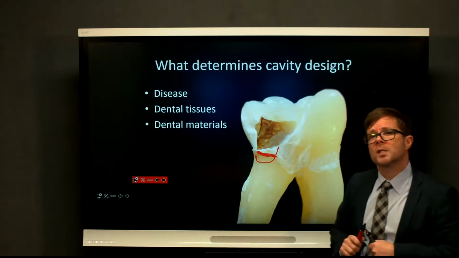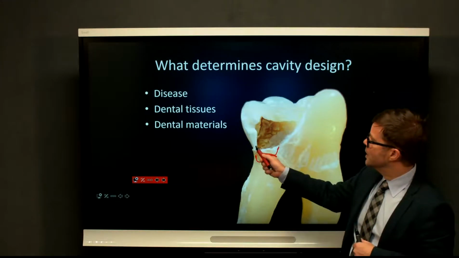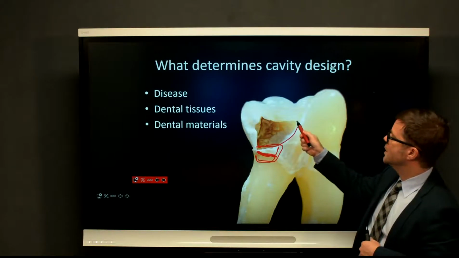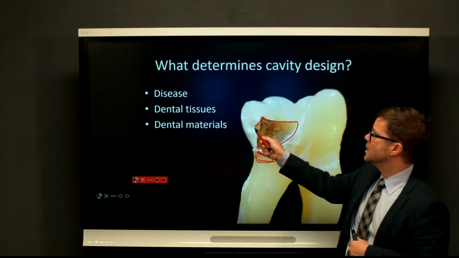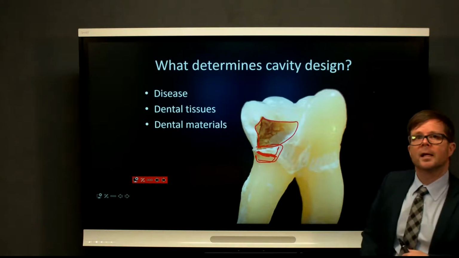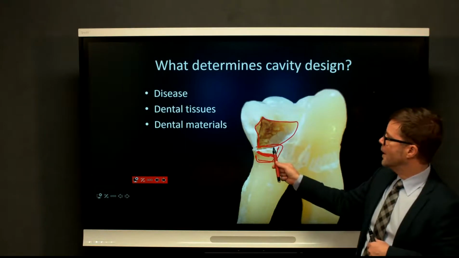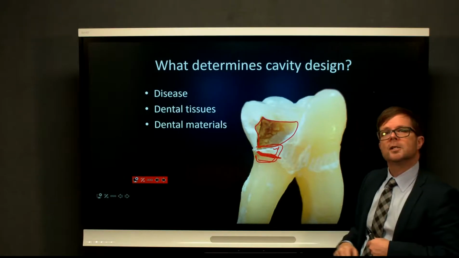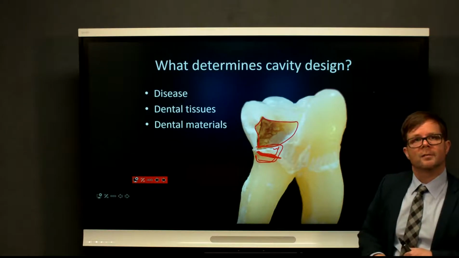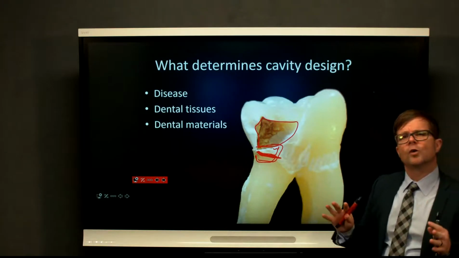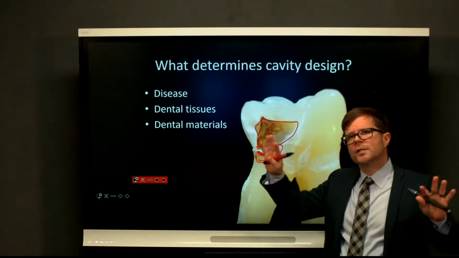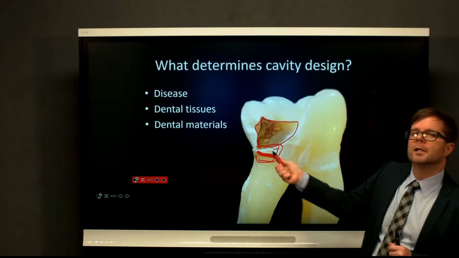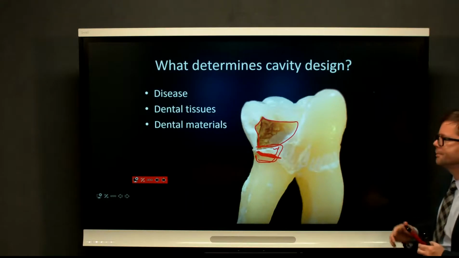So we may be forced into using something like a GIC build-up here, and then a resin composite. This is the so-called lamination technique there to make up for the fact that we don't have an enamel margin here to bond a resin composite to effectively. So you can see that triad, that golden triangle of all those different elements that we need to consider is really important, particularly when we're faced with something like this.